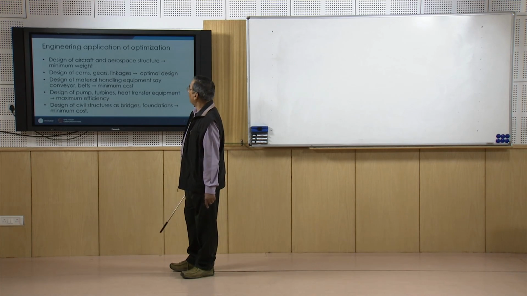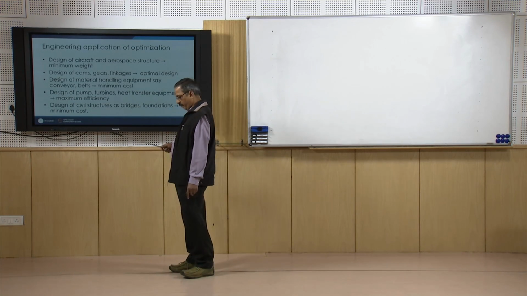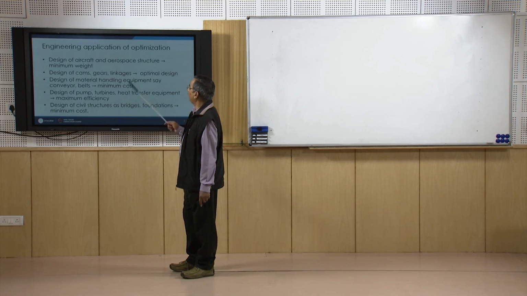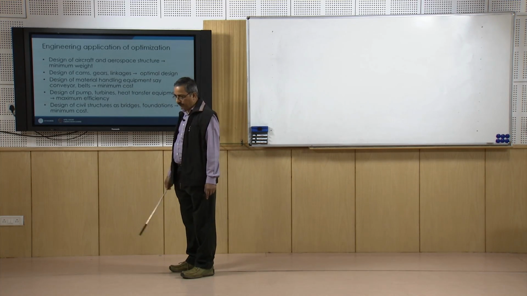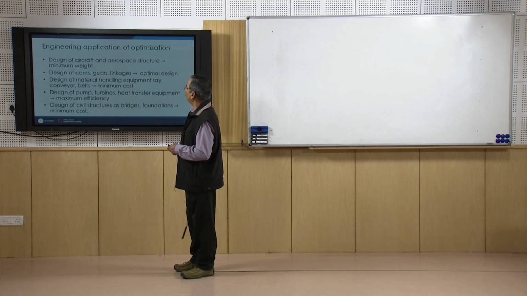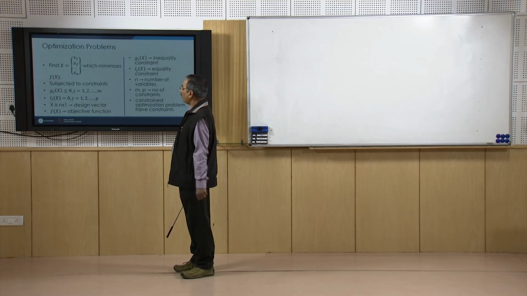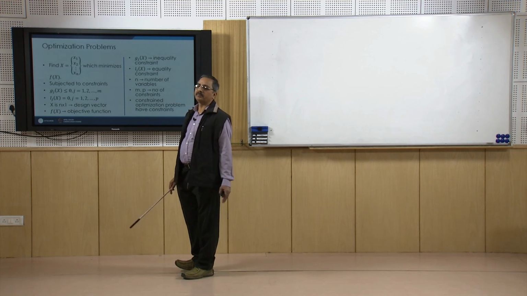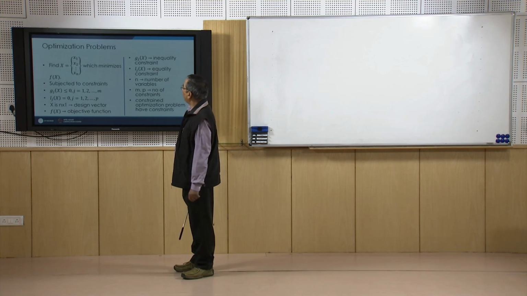These are a few examples where optimization can be applied in engineering; of course, there are many more which I have not listed here. Now, what does an optimization problem look like?